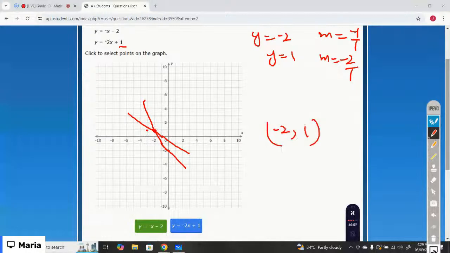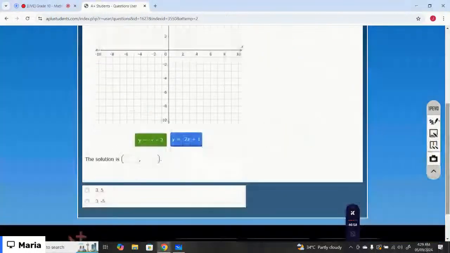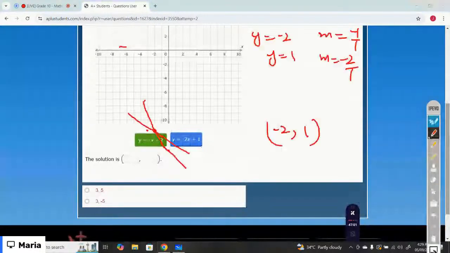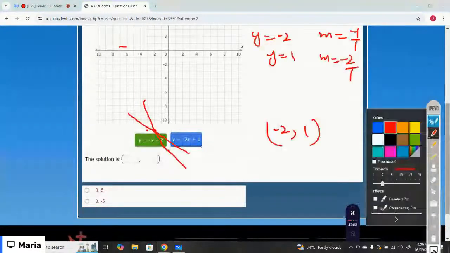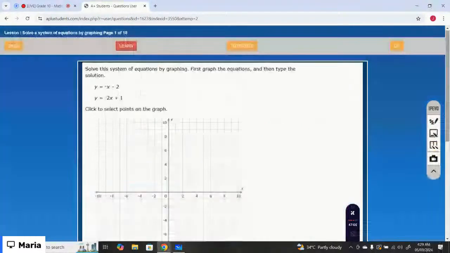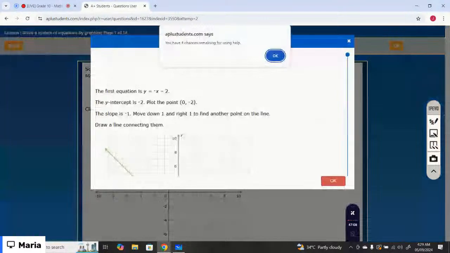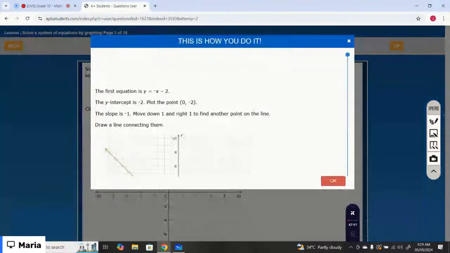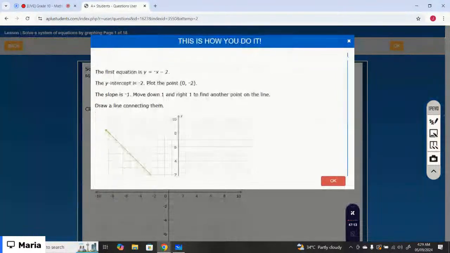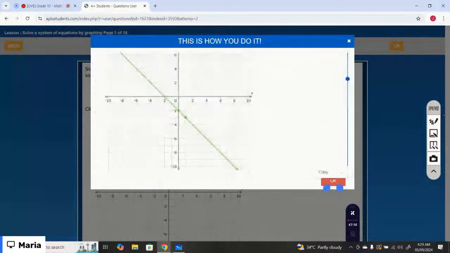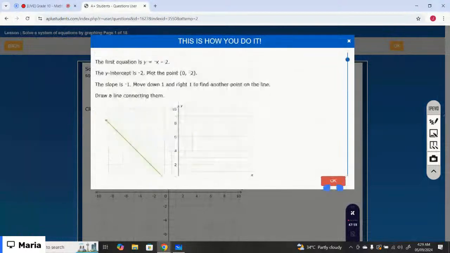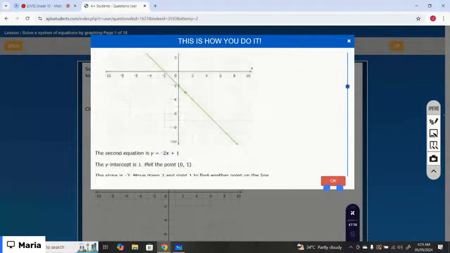Let's just see the options. Let's just see the solution. Okay, move down one and right one.